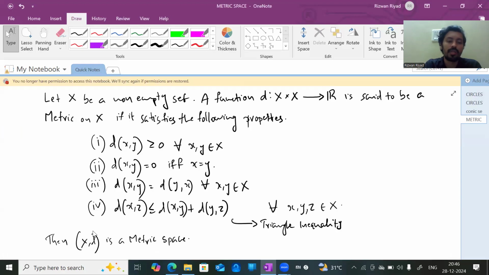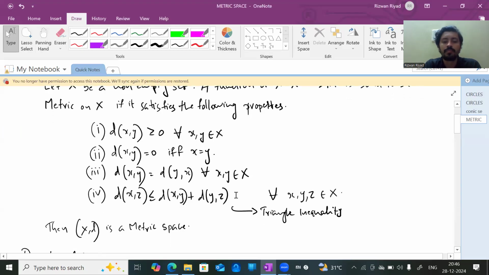So what are the requirements? First, we need a non-empty set capital X. In that, we need a metric small d, which satisfies all these four conditions. Then X and d constitute a metric space. That is the meaning of metric space.